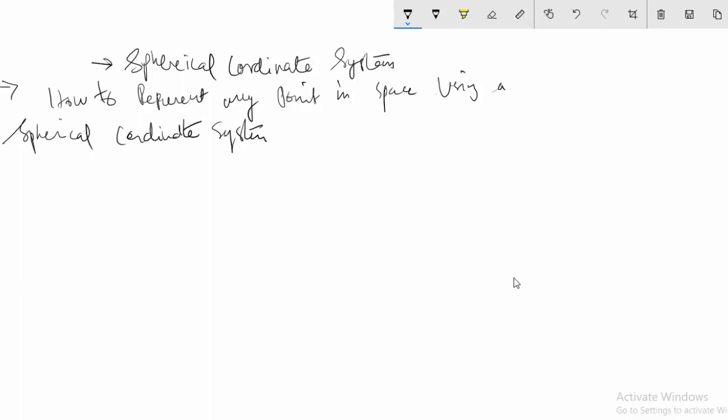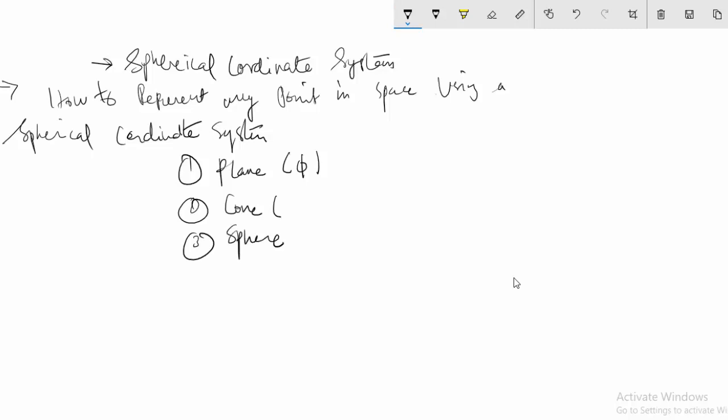So the spherical coordinate system will be made up of three things. One is a plane made up of an angle phi, the second is a cone, and the third is a sphere.